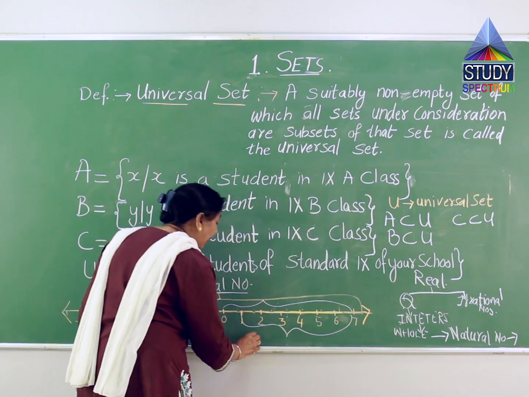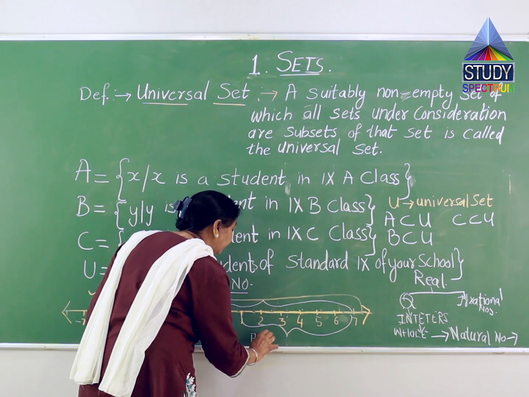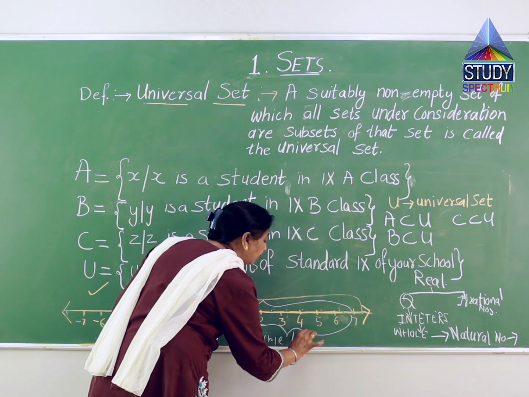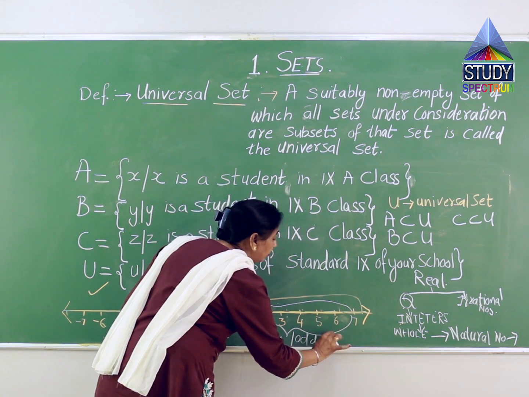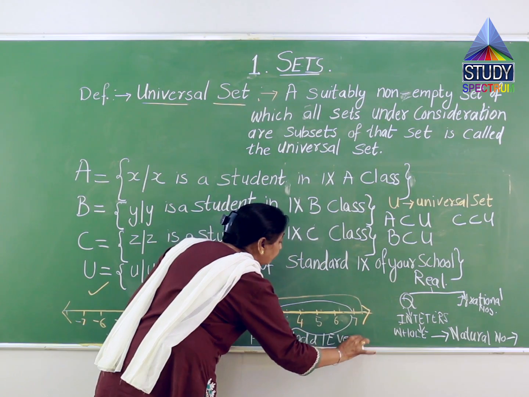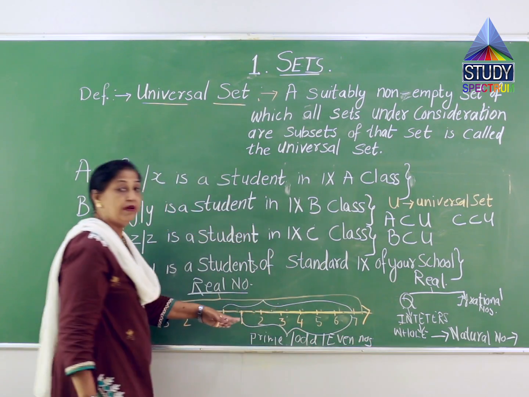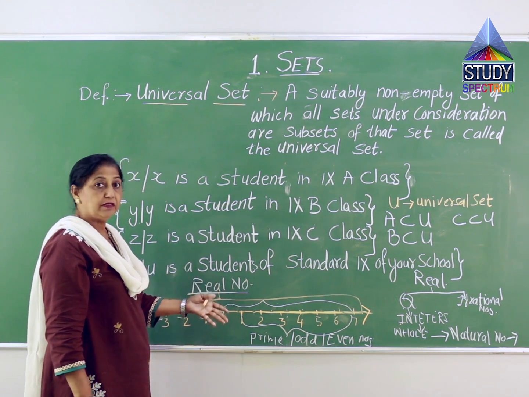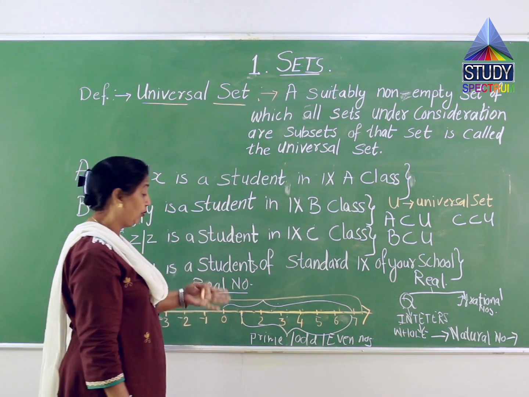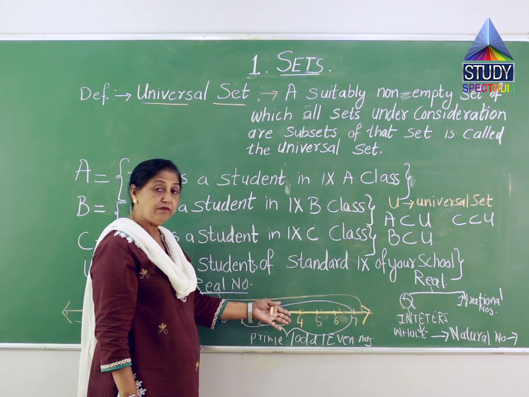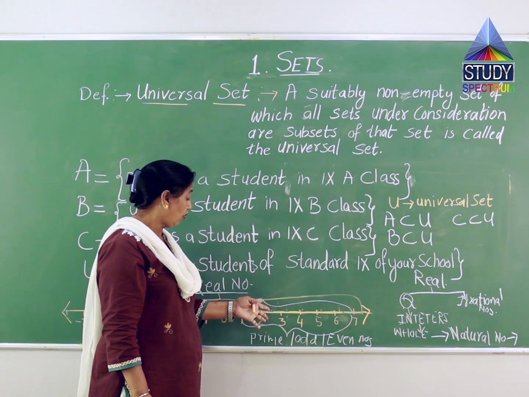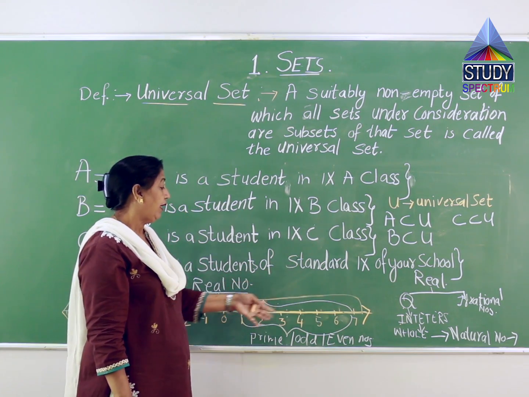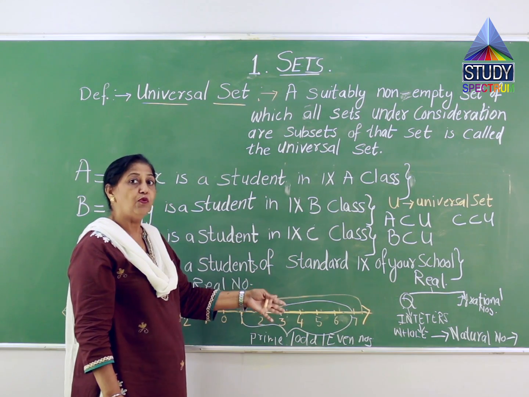Then come the prime numbers, odd numbers and even numbers. These numbers are subsets of natural numbers. Prime numbers start from 2, odd numbers start from 1, 3, 5, 7, which are included in natural numbers, and even numbers from 0, 2, 4, 6.